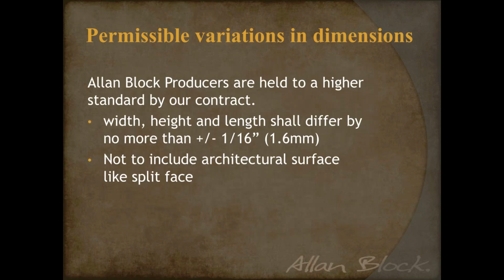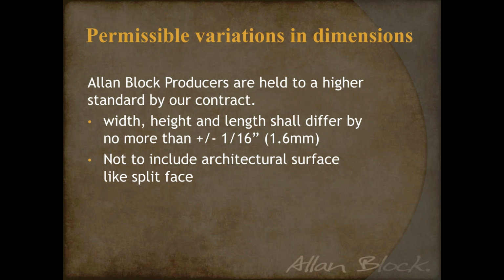So if you're an Allen block producer, if you've signed a contract with us to make our products, we are going to hold you to a higher level for this particular variation in dimensions. We want the block to be no more than plus or minus 1/16 of an inch.